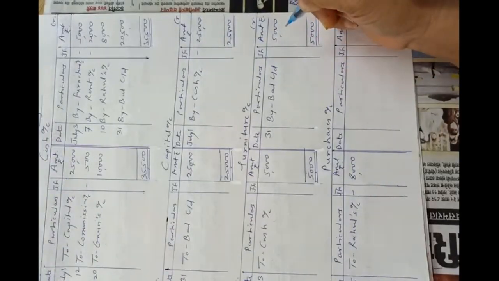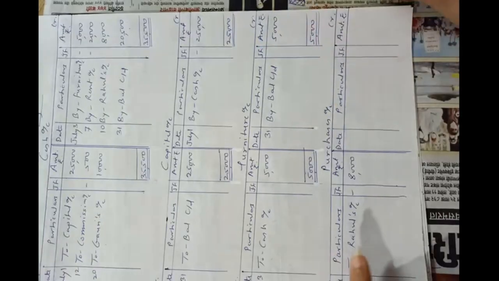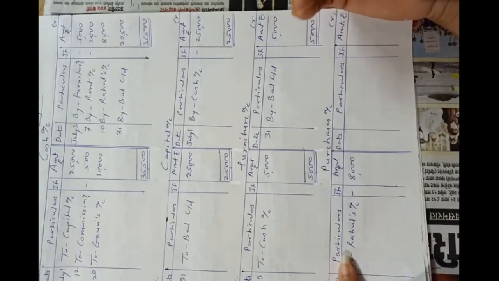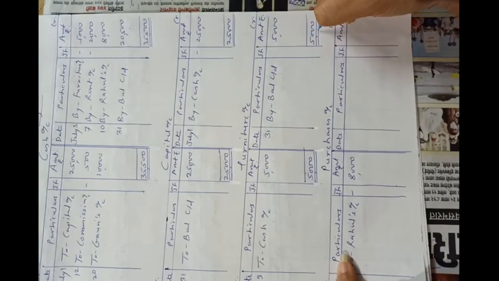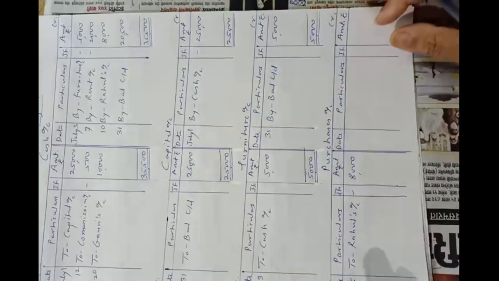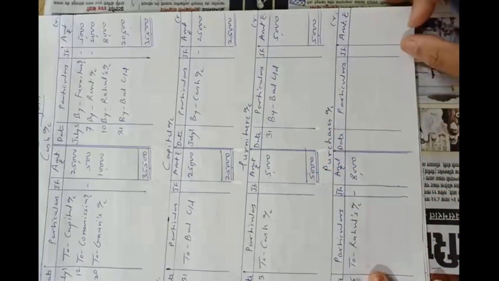That is the difference between debit and credit, because debit total is 5,000 and credit total is 0. We write the difference here so that the total of the credit side will be the same as the debit total. So furniture account has a debit balance of rupees 5,000.